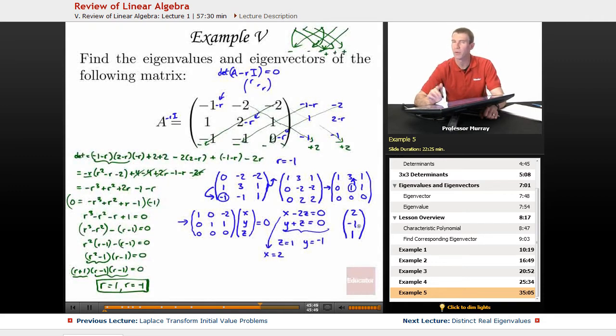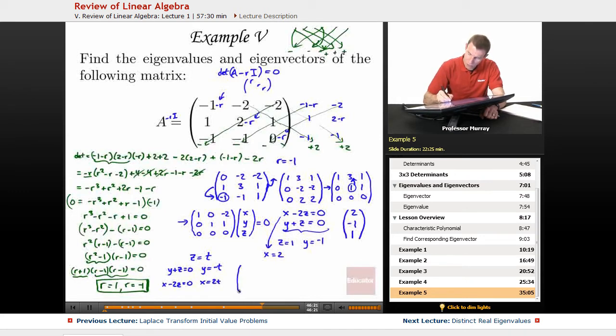Now, if you're uncomfortable with that, if you're not quite sure how I did that, you can solve this by free parameters. You just set z to be an arbitrary free parameter t. Then, since y plus z is equal to 0, you get y equal to negative t, and since x minus 2z is equal to 0, you get x equal to 2t.